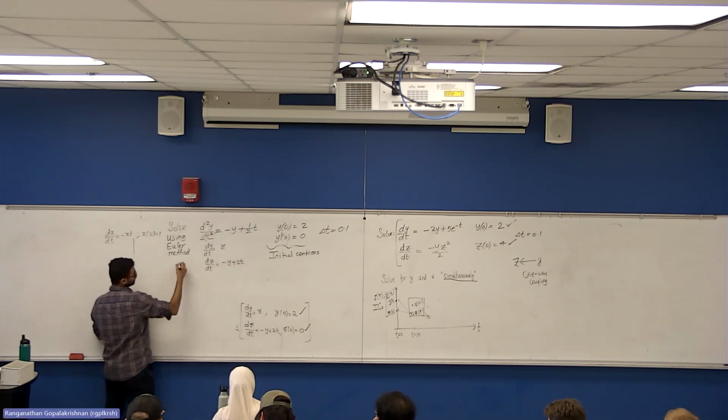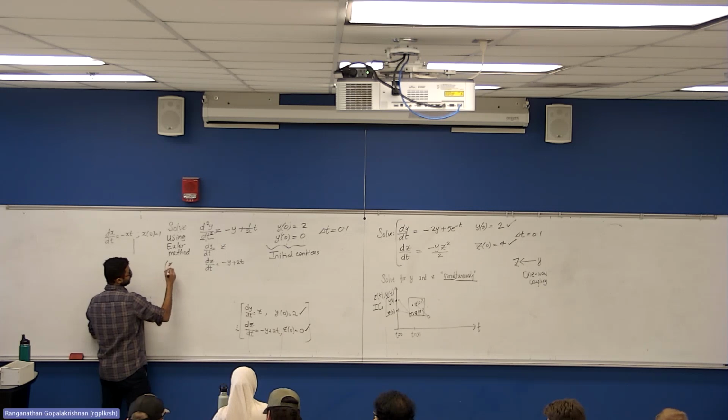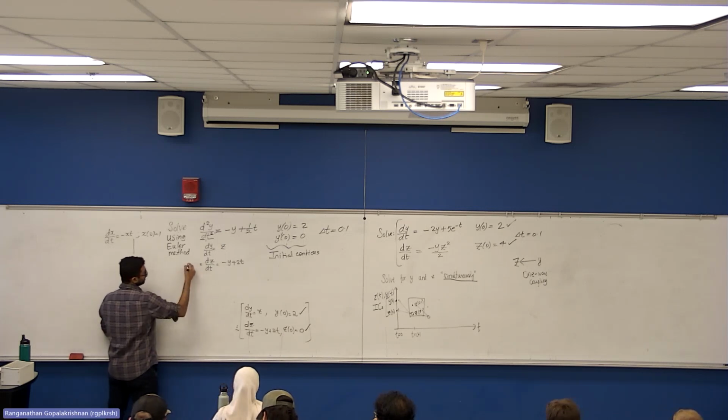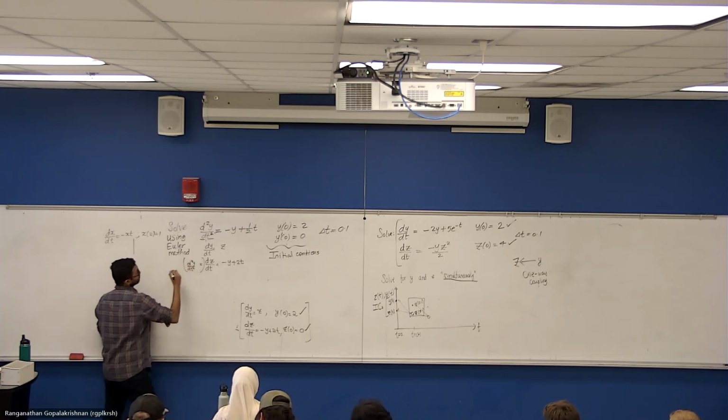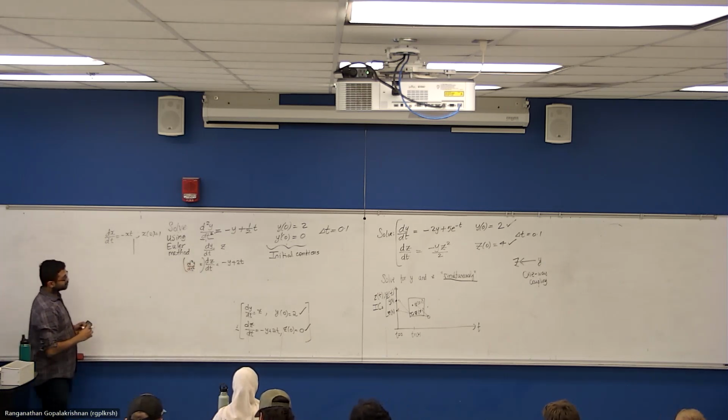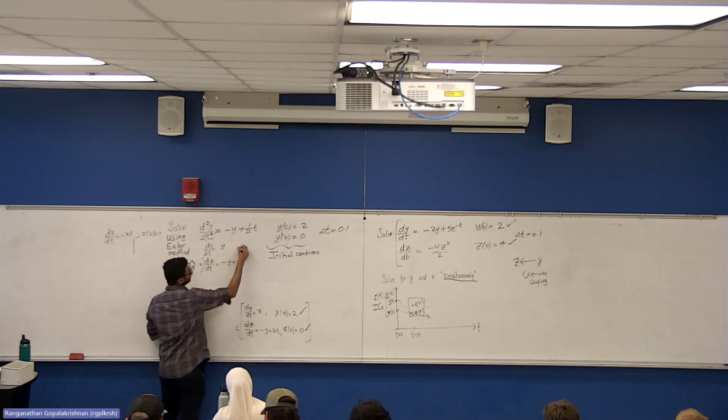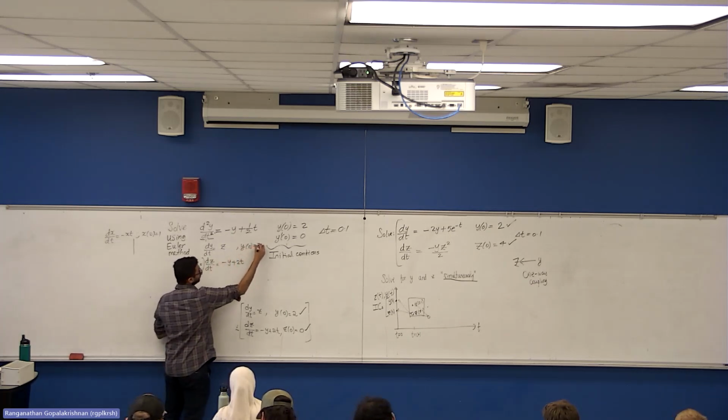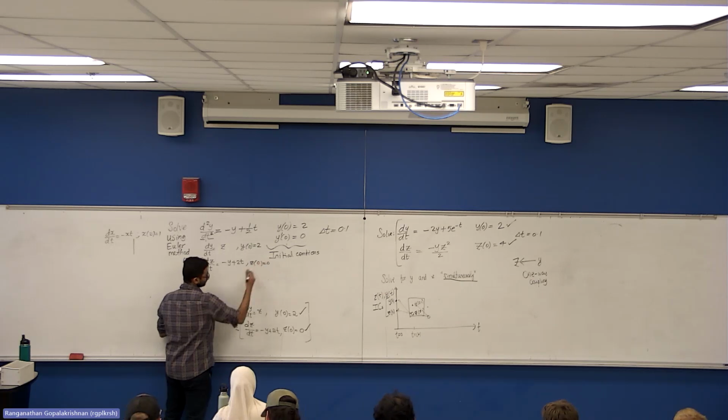If you forget, z is nothing but dy over dt, so this is d squared y over dt squared. With the initial conditions y of 0 equal to 2 and z of 0 equal to 0.